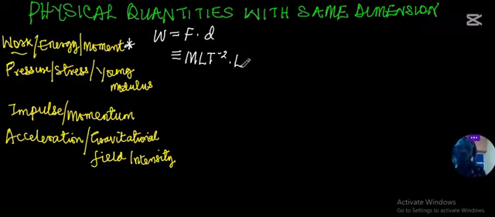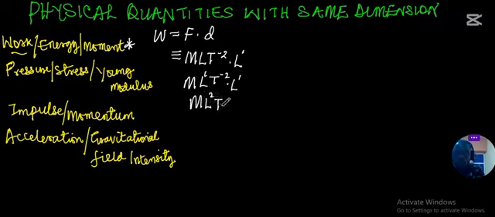So if we combine this, we are going to have MLT^-2 times L, which is ML^2T^-2.